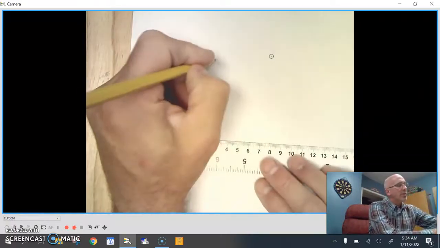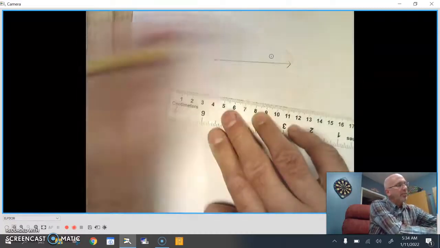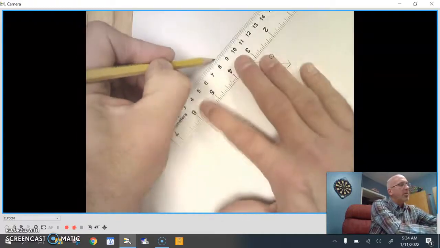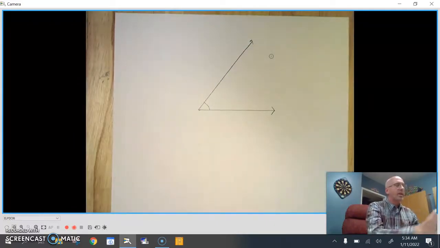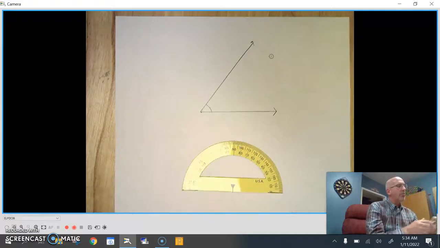Okay, so I'm going to start by just drawing an angle. So I have a nice angle there, and I want to show what the measure of that angle is. So I have my protractor.